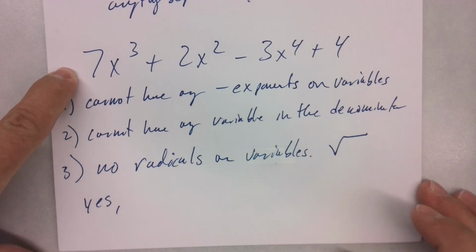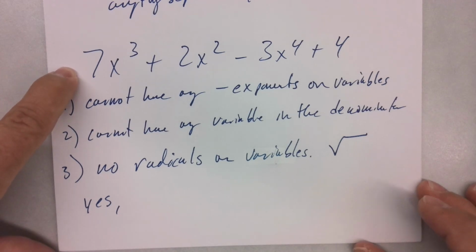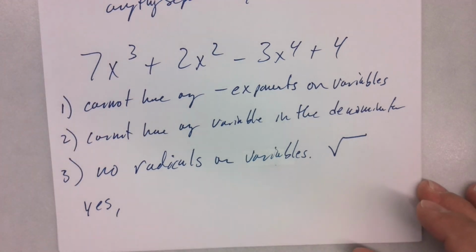Does anybody know what true standard form should look like? Isn't that breaking everything apart? No. That would be way too involved. Is it ax plus y? Okay. If I'm talking about a multivariable problem, yes.